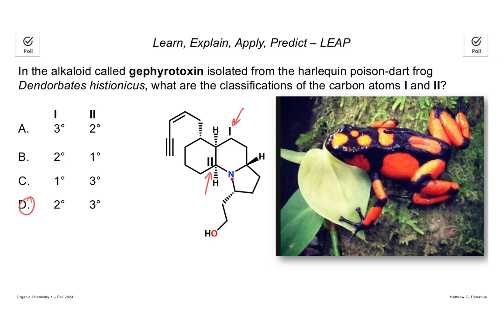Nitrogen and oxygen we're going to call heteroatoms. When you're doing this type of exercise, just consider that as if it's another carbon. So if I was counting 1, 2, 3, I would call that tertiary.